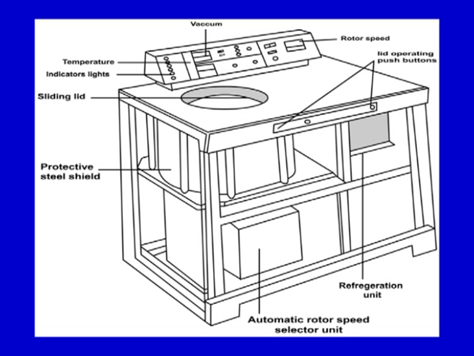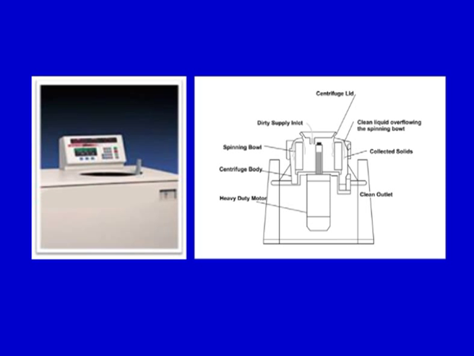It has many different features, like I said: protective steel shielding, a good refrigeration system, high vacuum conditions, an automatic rotor speed selector unit, and imbalance recognition. All these are available in here. This is one typical ultracentrifuge with all these controls.